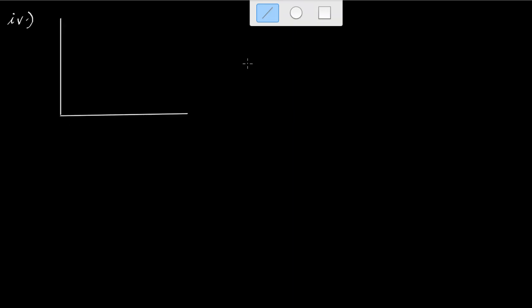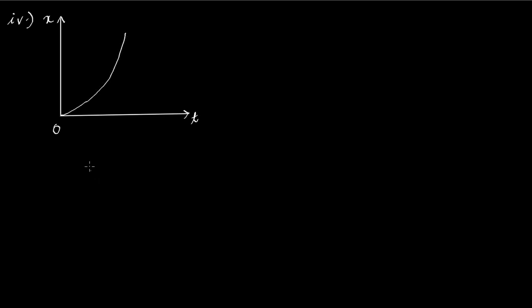This is number 4. Let's say we have a graph that looks somewhat like this. So this is the angle theta. You can see that angle theta is small, and if I draw a line like this, the angle theta increases. If I draw a line like this, the angle theta increases.